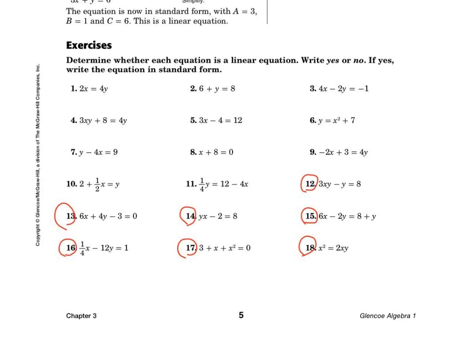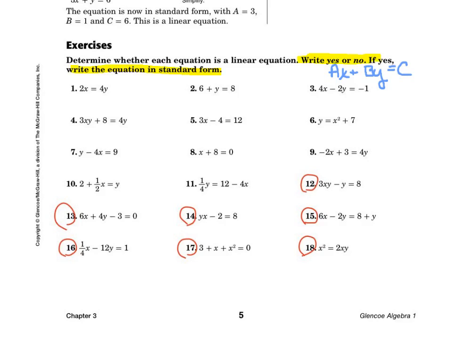Independent practice, we're going to continue writing equations in standard form. Here's your standard form. I'll write it for you: Ax plus By is equal to C. Remember that for this exercise, you're going to write yes or no, and if yes, you're going to write the equation in standard form.